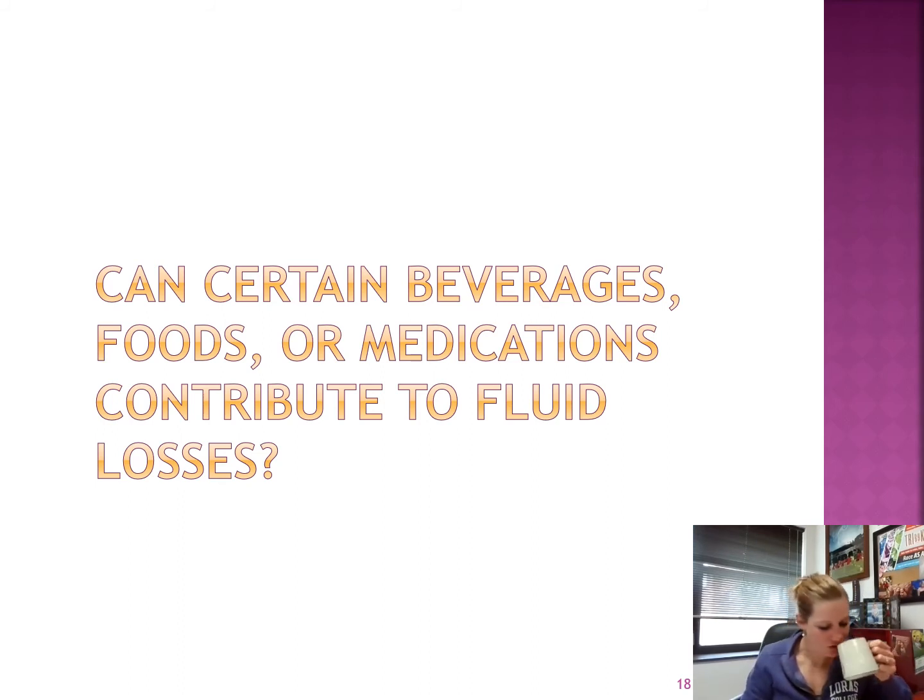Alcohol, soy sauce. Alcohol is a diuretic as well. Soy sauce, any type of processed salty meats, popcorn, fried food, fizzy sugary beverages such as pop or soda, and then asparagus actually as well. So all of those foods and beverages could contribute to substantial fluid loss.